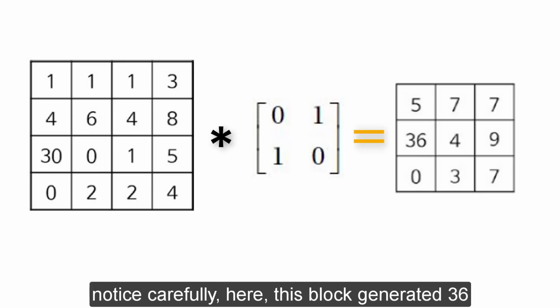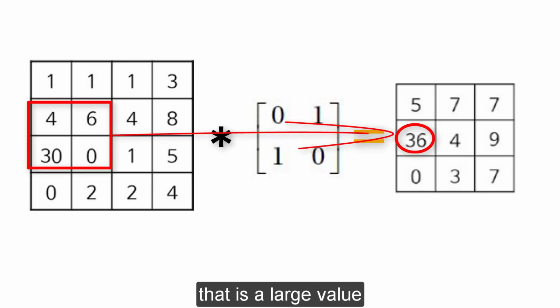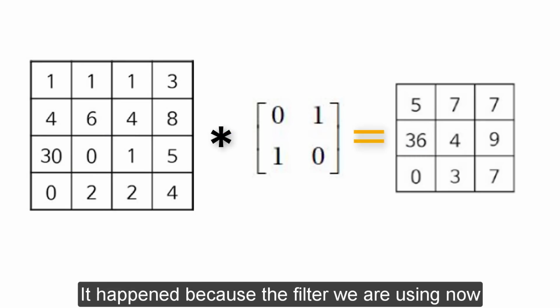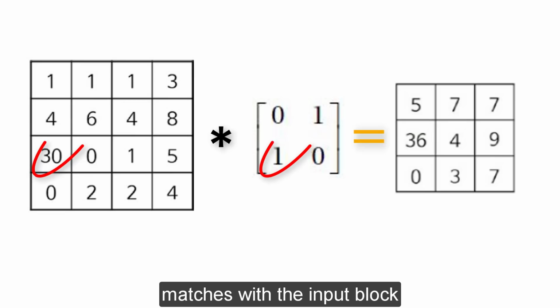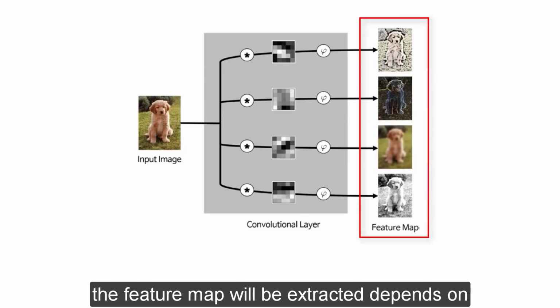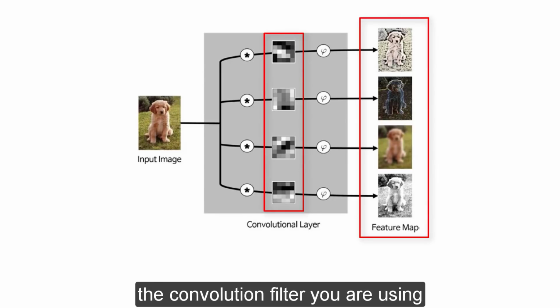Notice carefully. Here, this block generated 36, which is a large value. It happened because the filter we're using now matches the input block. This example demonstrates that the feature map that will be extracted depends on the convolution filter you are using.